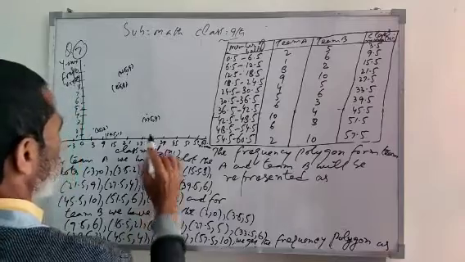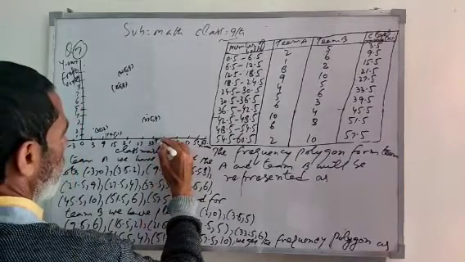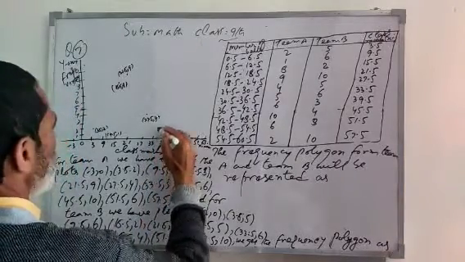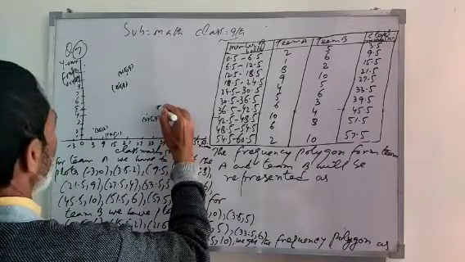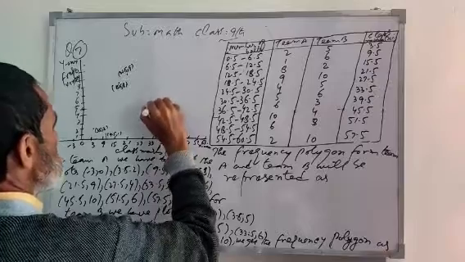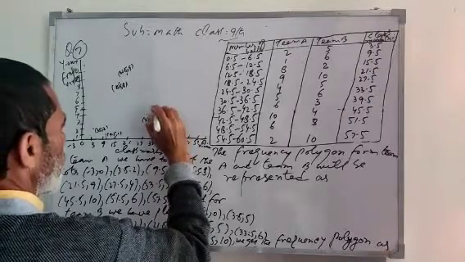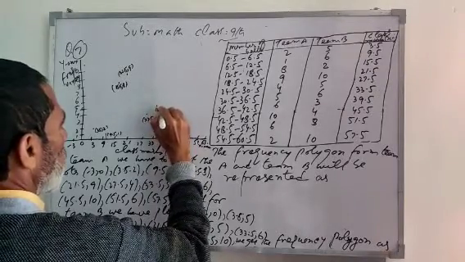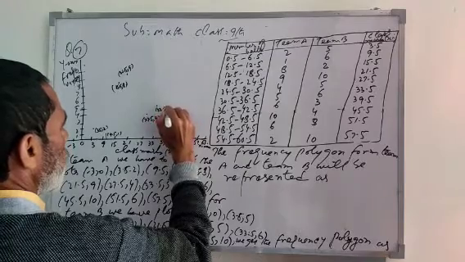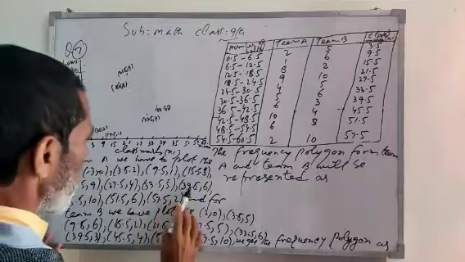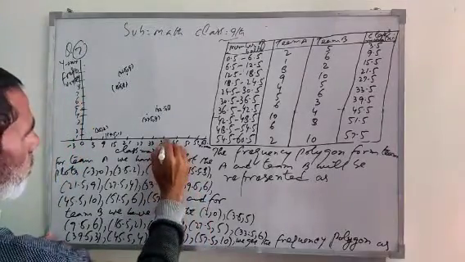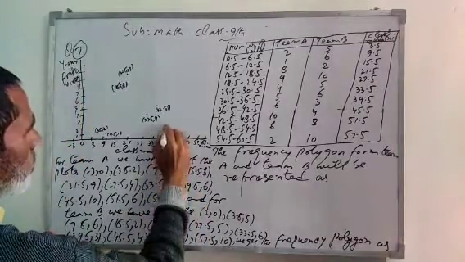33.5 comma 5. 33.5 is here, 5 is here. This is 5. 39.5 comma 6. 39.5 is here, 6 is here.